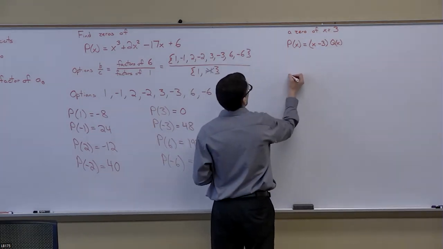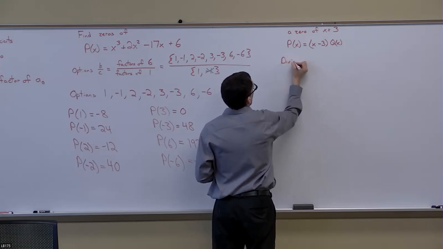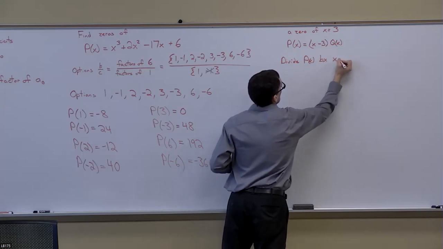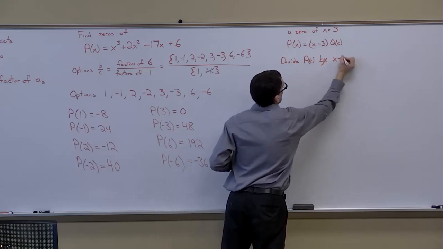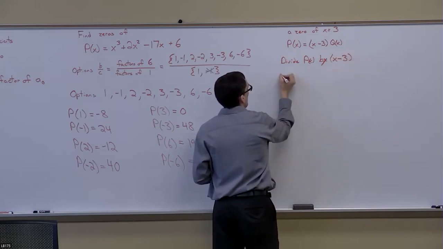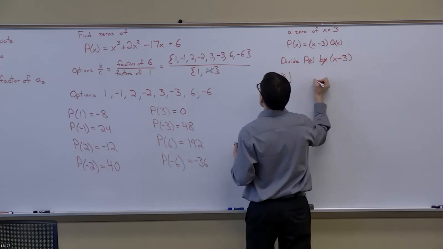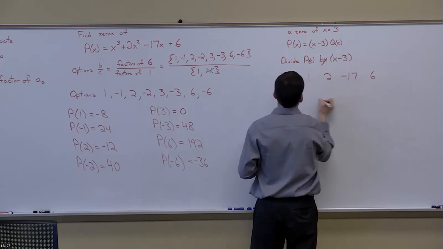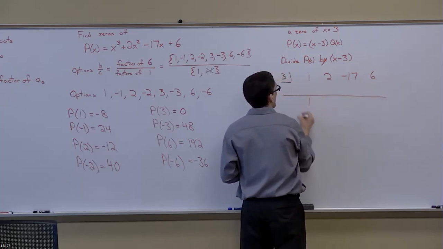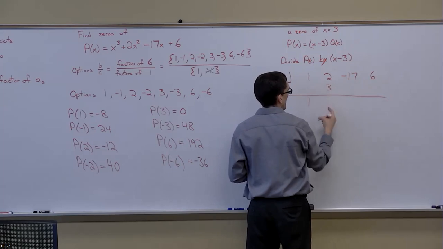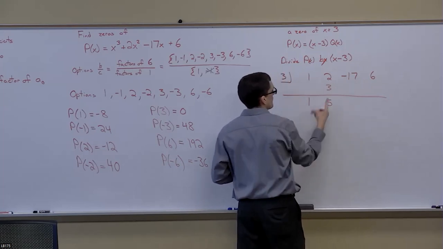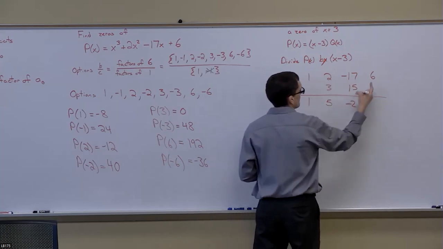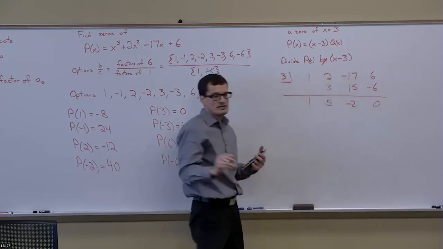So let's figure out how to divide the polynomial by x minus 3. The polynomial has coefficients 1, 2, -17, 6. 1 drops down, times 3, add goes up, you get 5, times 3, 15, add those up, you get -2, times 3, you get -6. Good.